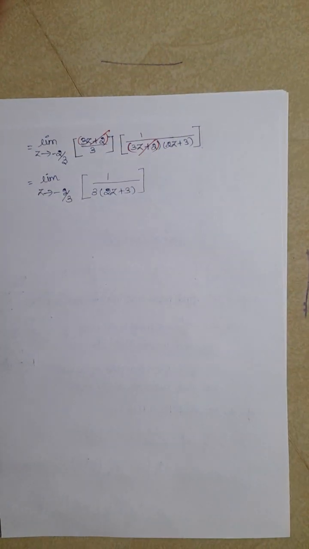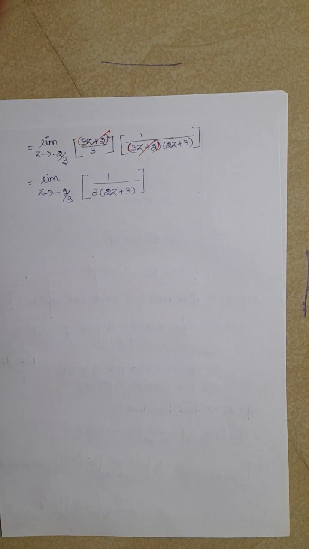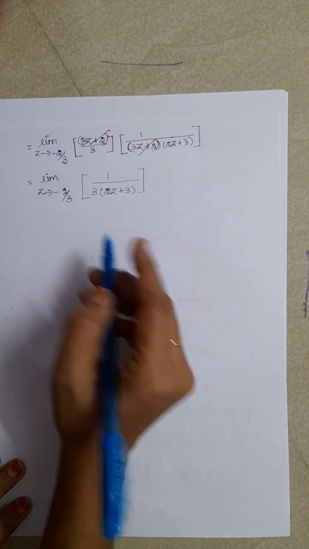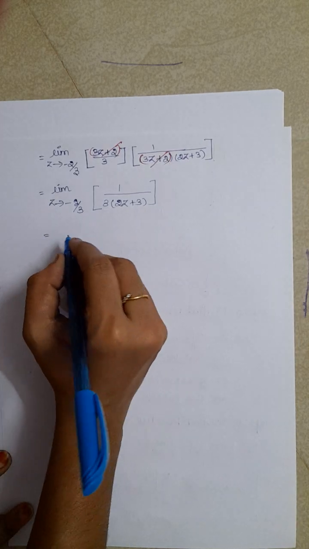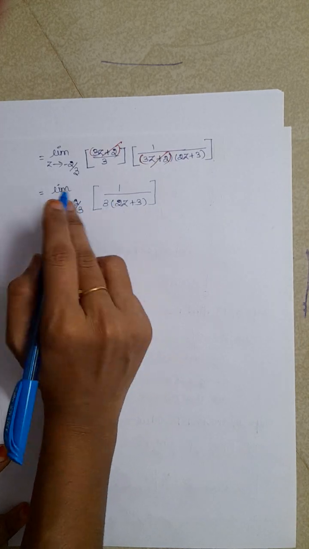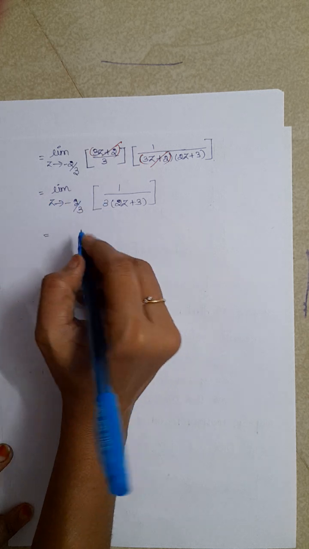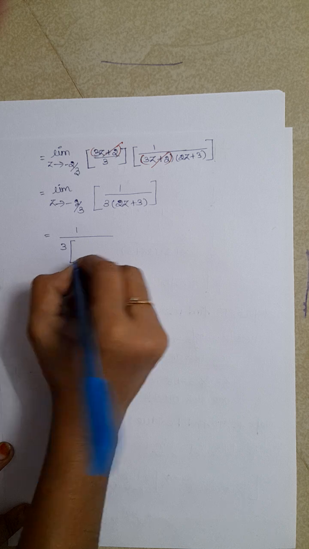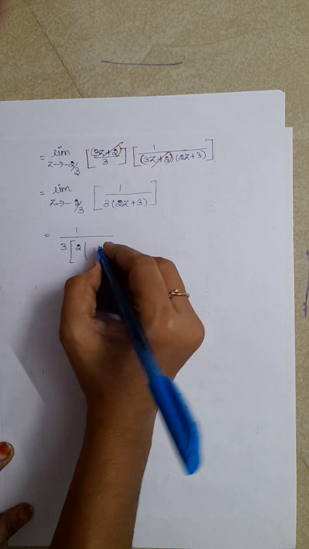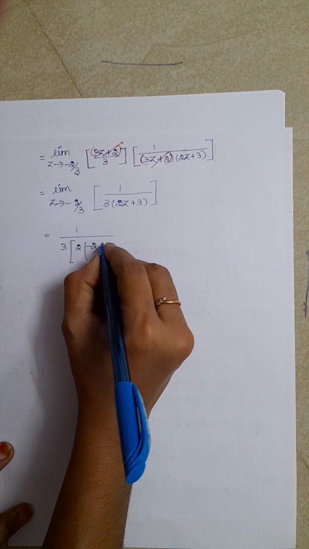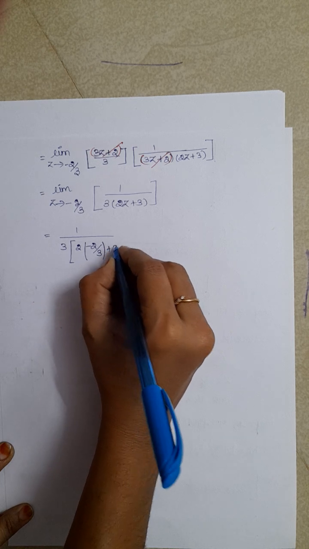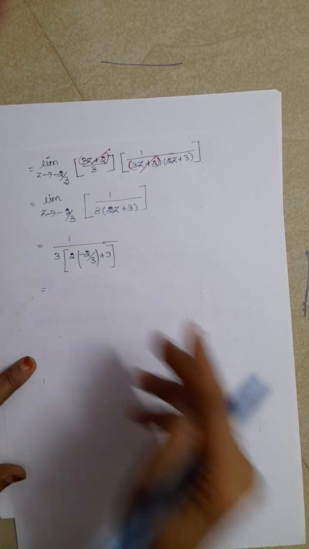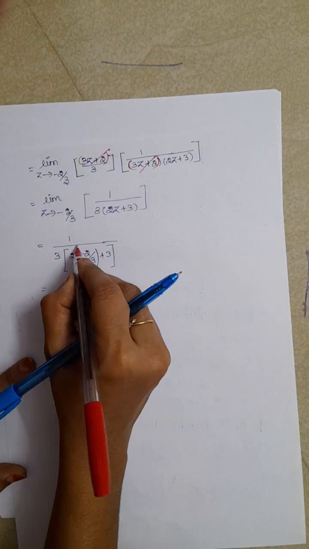Okay. Next, what will be the next step? You can substitute the z value, minus 2 by 3. So at this step you do not write the limit; only substitute here: 1 by 3 into (2 into (minus 2 by 3) plus 3). You can multiply these terms.